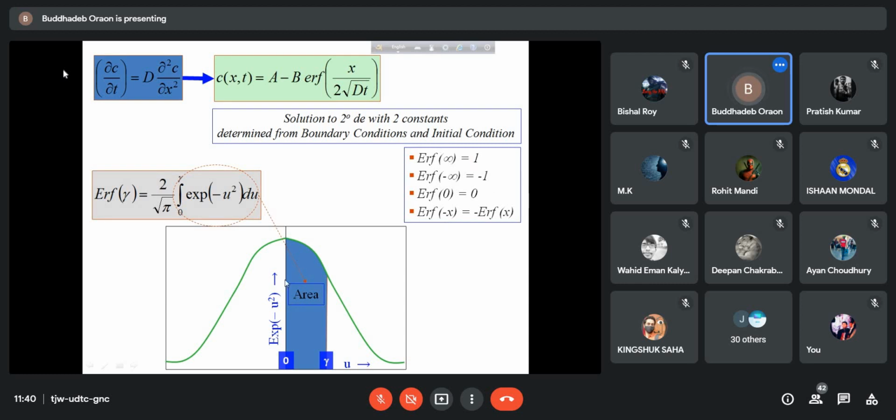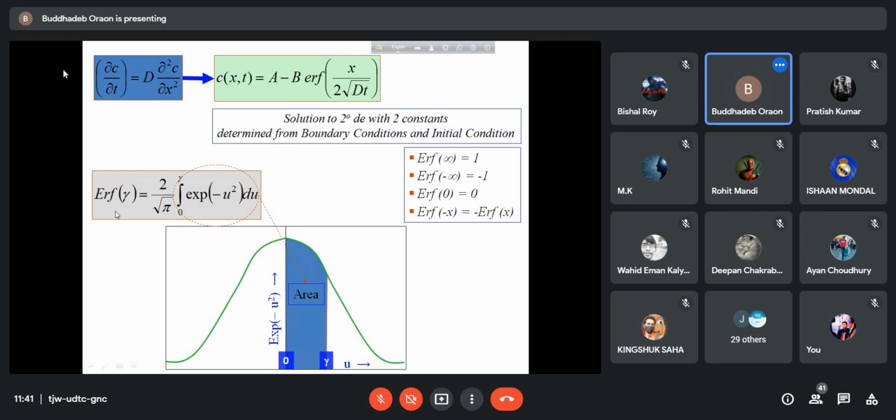Now what is the significance? The error function is basically related to a bell-shaped curve, something like this, and if we integrate up to a certain value, let us say gamma, you will get this area.